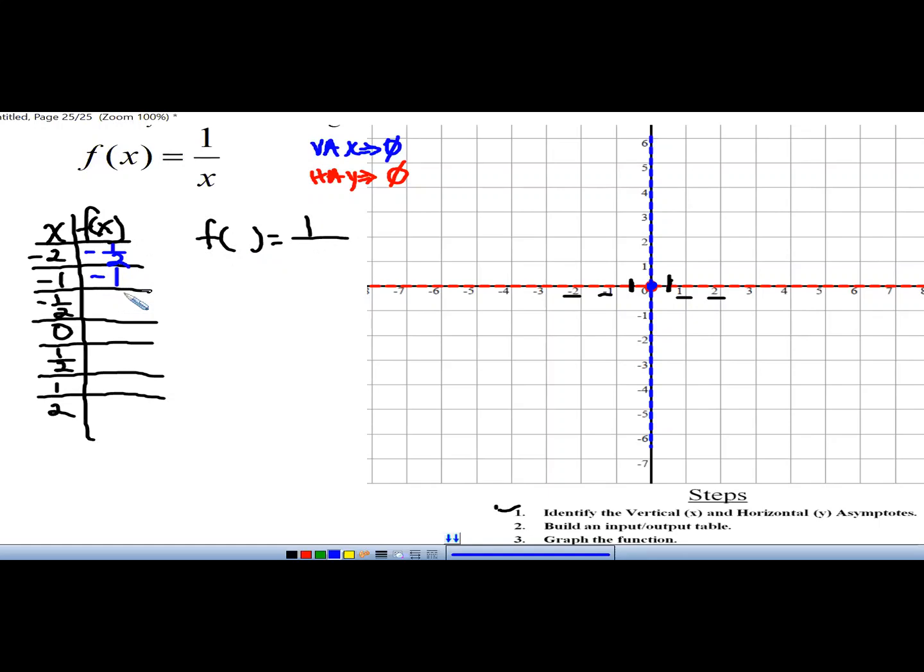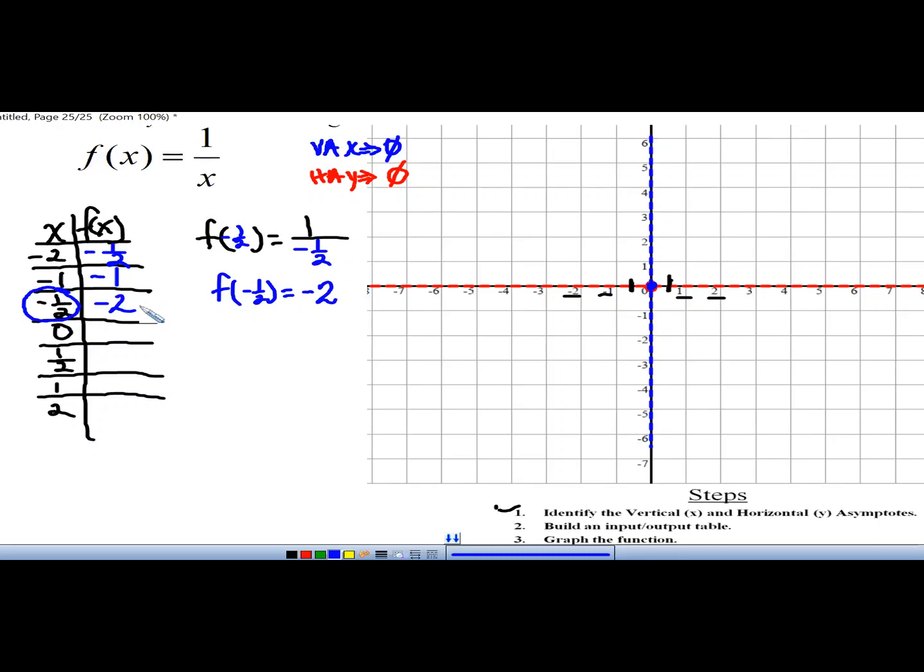Now, the one I do want us to do together is this next one, -1/2. Check this out. Whenever you end up with a fraction or a decimal in the denominator, all you do is take the reciprocal of the fraction, and that's going to be your answer, -2. It's the what?